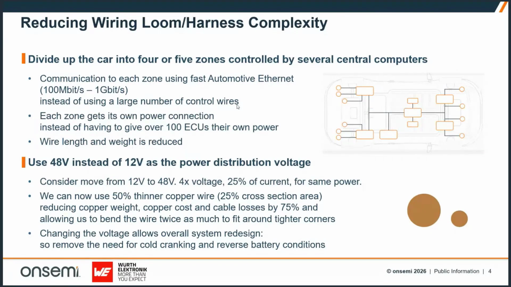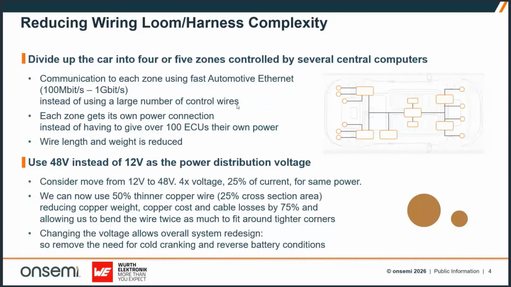The other thing at the same time is 48 volts. That concept's been discussed for many years, even in the late 90s, when people talked about 42 volts. 48 volts is also used in cars today for very high power loads like starter generators. But 48 volts as the main distribution voltage helps you reduce the size and the weight of the wires.